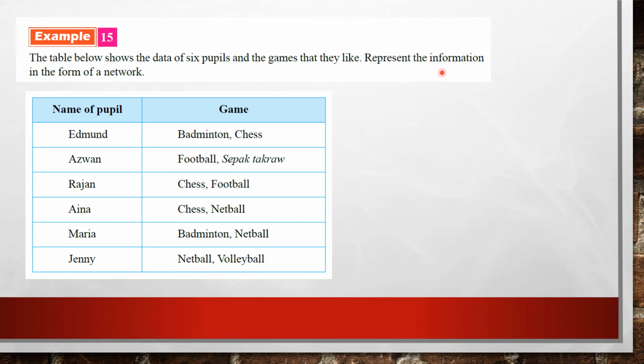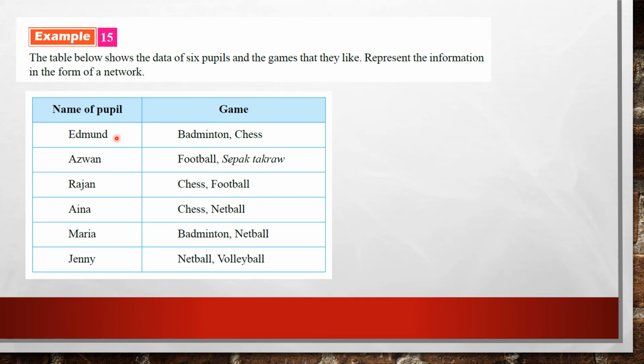So how do you want to represent the information in form of network? That means you're going to draw a diagram here. So first, as I mentioned before, when you want to draw a diagram, you must identify which one is the vertices. Either you select the name of people or game.